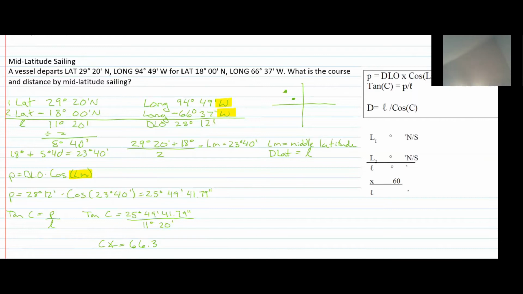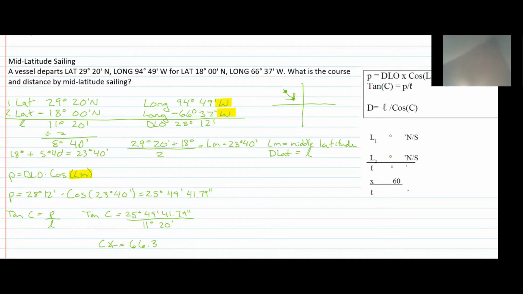So our second dot should be over here. I like to draw an arrow in that direction. So I know that our course is actually southeasterly. So 66.3 degrees would give us a northeasterly course. So this value does not make sense for C.